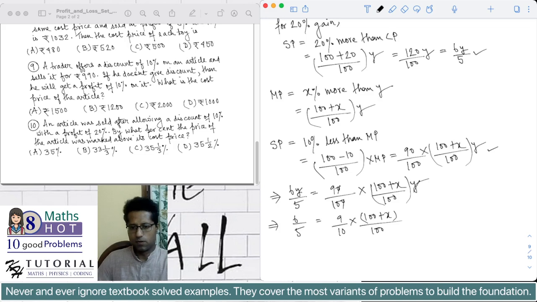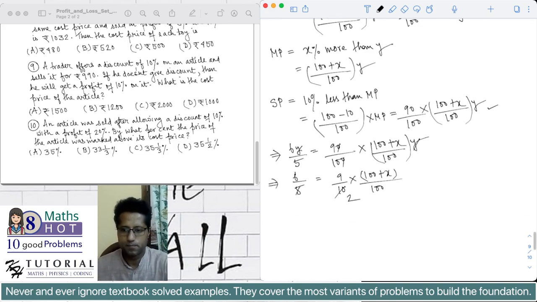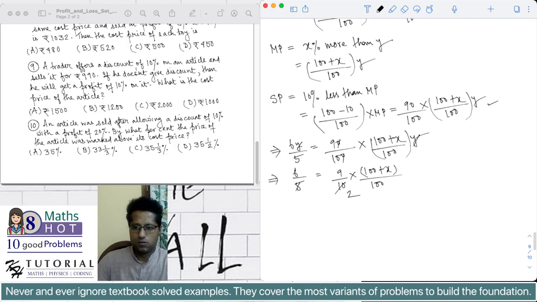Now we can cancel 5 and 10 with 2. So this implies we have 6 is equal to 9 by 2 multiplied by 100 plus X divided by 100.